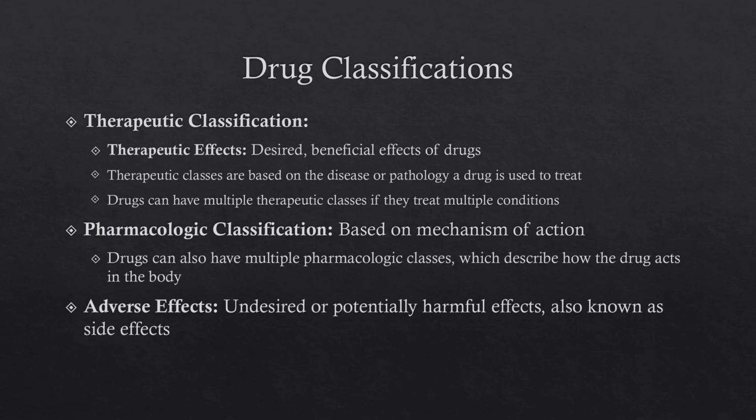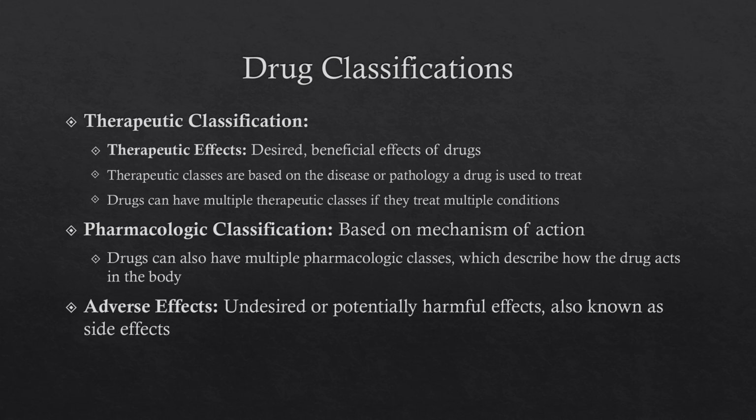So when we are doing education and learning about pharmacology, it's important to understand drug classifications. There is therapeutic classification of a drug, and that is where we have a desired beneficial effect of the drug. Therapeutic classes are based on the disease or the pathology a drug is used to treat, and drugs can actually have multiple therapeutic classes if they treat multiple conditions.